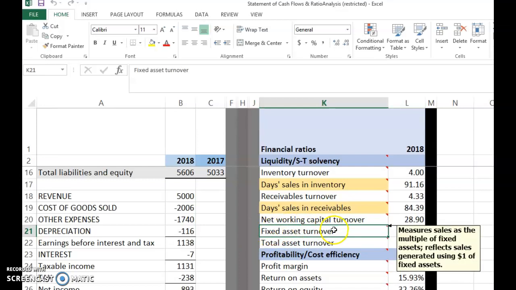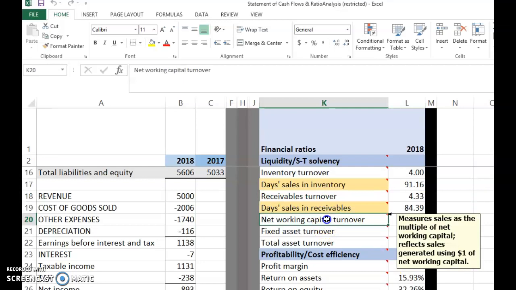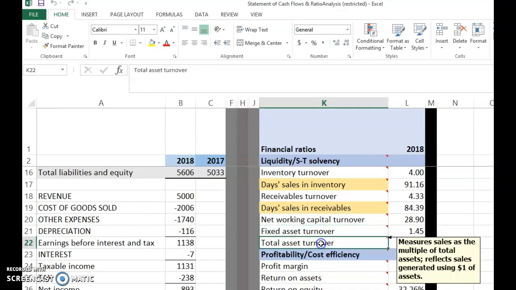So fixed asset turnover, the formula is again similar: sales divided by fixed assets. It's always sales. From here onwards, it's sales divided by receivables, sales divided by net working capital, sales divided by fixed assets, and the next one is sales divided by total assets.